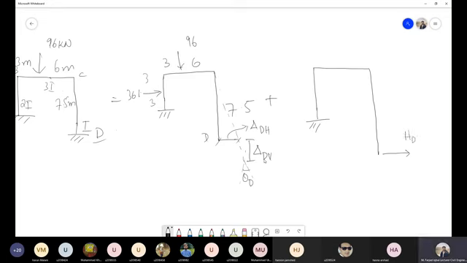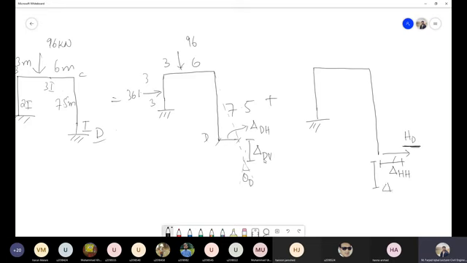This will be our horizontal reaction, and due to this one there will be a horizontal deflection. Let's call this delta dash HH. That means the horizontal deflection at point D due to the horizontal load. That's why I'm using this term HH. Then we have a vertical deflection as well.